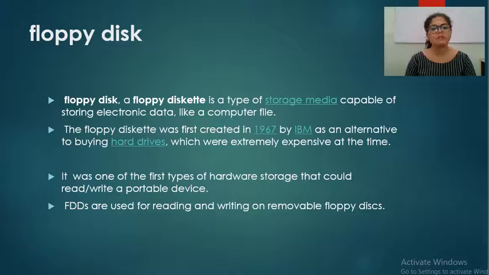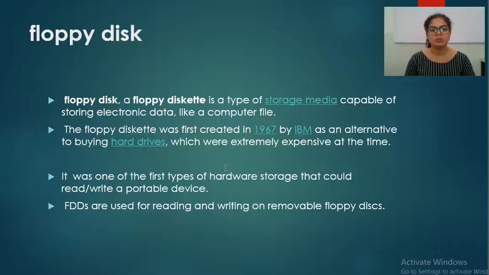The floppy disk was first created in 1967 by IBM as an alternative to buying hard drives, which were extremely expensive at that time. In the earlier days, a hard disk was very expensive to buy. So to reduce the cost, users started making use of these types of disks.